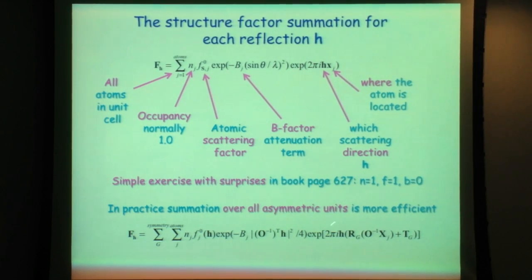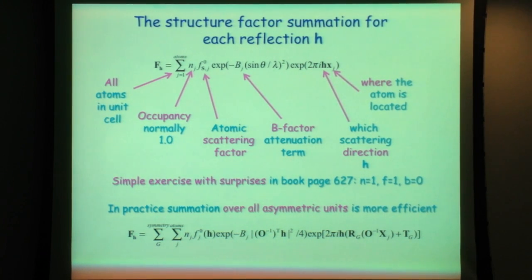And in practice, he points out, he had gone through the symmetry transformations back in, I don't know, chapter 4 or something like that. Maybe 5. But we don't have to sum over, in principle, we can always sum over all the atoms of the unit cell. That would give us the total structure factor for the unit cell. Okay? But we don't have to do all that summing. We can economize on the work if we just sum over the atoms that are in the independent asymmetric crystal chemical units.